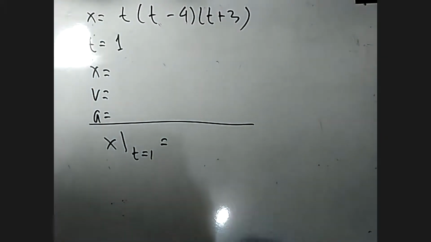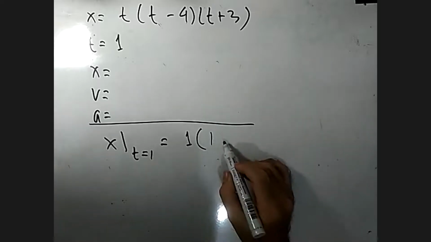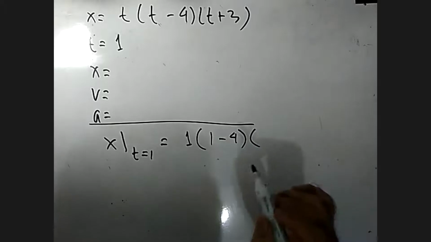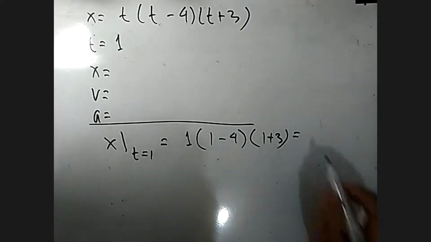Oh, I thought another formula. Okay. So open bracket 1 minus 4, close, open bracket 1 plus 3. Okay, and that's it. What's the value?